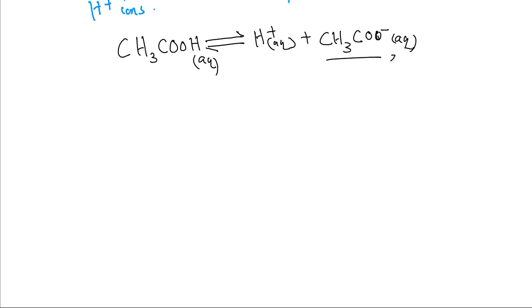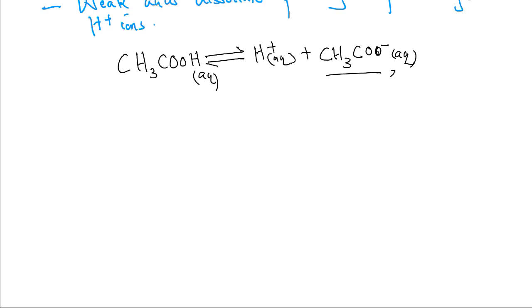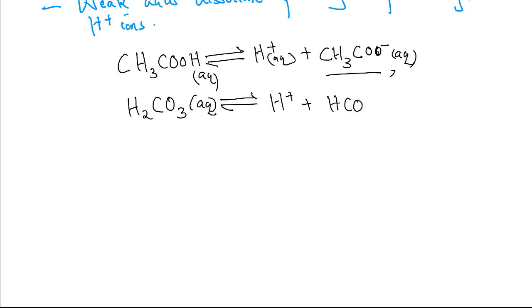Another example is weak carbonic acid that dissociates partially to give hydrogen ion and hydrogen carbonate ion, meaning the hydrogen carbonate ion formed can still dissociate further, and we are getting few hydrogen ions from there, therefore known as a weak acid.